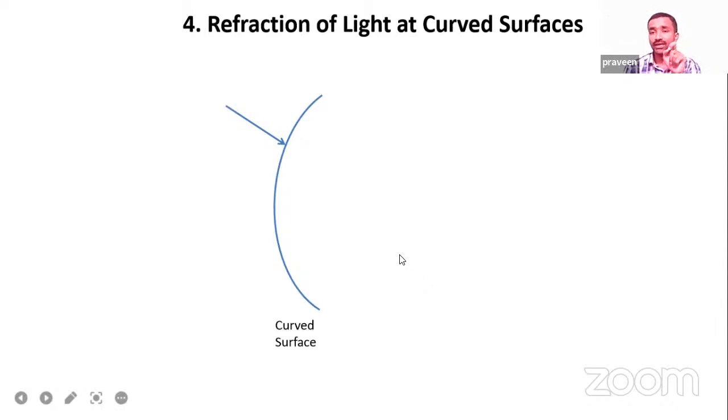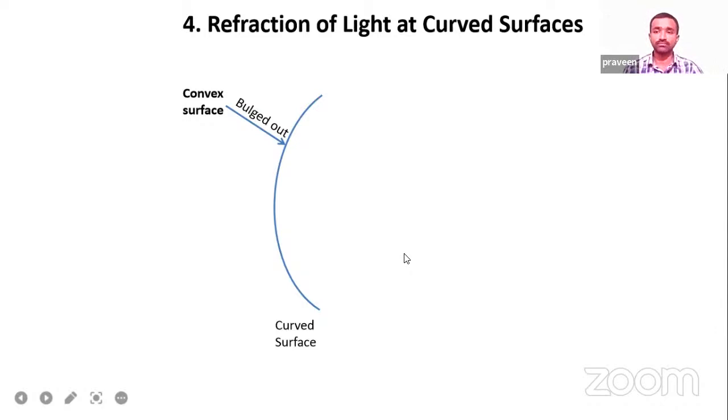That's why I'm giving the name for this surface: convex surface. Curved surface is now named based on its nature: bulged out, convex surface. Then one more surface is deep inside, inward.